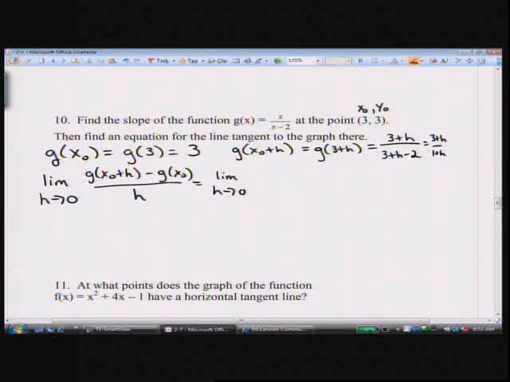All right, so g of x naught plus h is actually 3 plus h over 1 plus h minus g of x naught, which is 3. All of that is over h. Do not cry. You can handle the algebra. All right? In the numerator, you have a fraction minus a number, so you need to get a common denominator. What will your common denominator be?